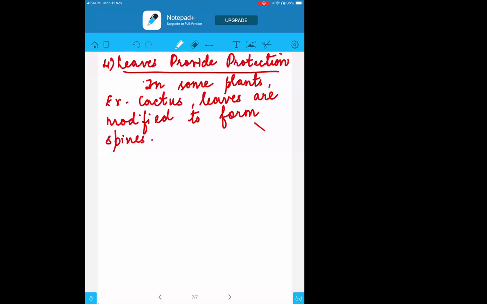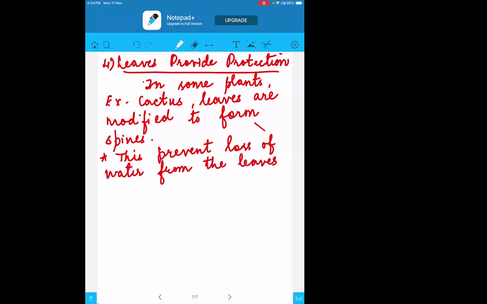That is why they have these spines, so that they prevent loss of water from the leaves by the process of transpiration.